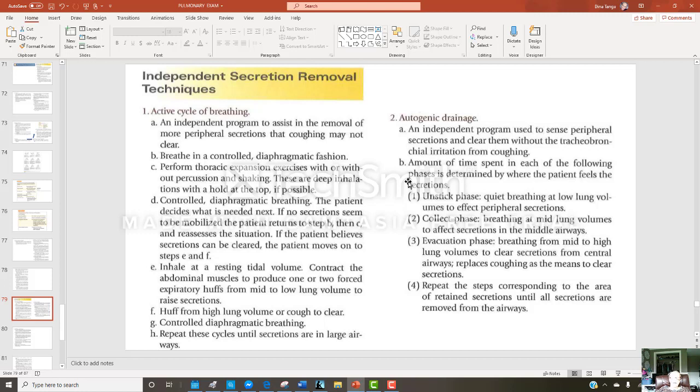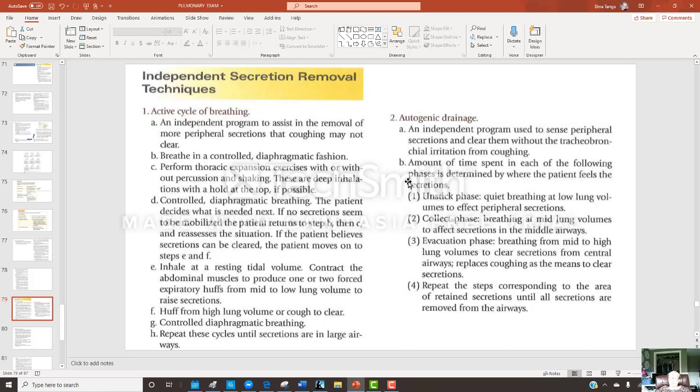Huff from high lung volume or cough to clear. Controlled diaphragmatic breathing. Repeat these cycles until secretions are in large airways. That is active cycle of breathing.